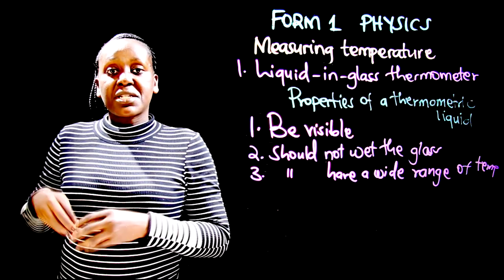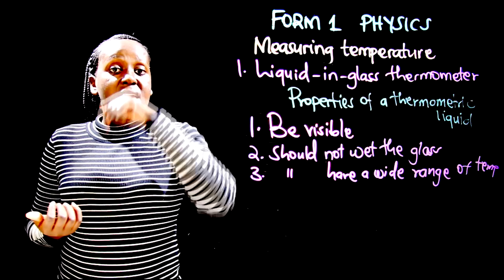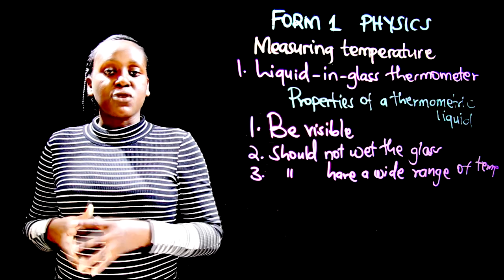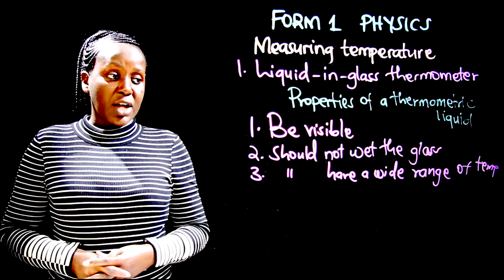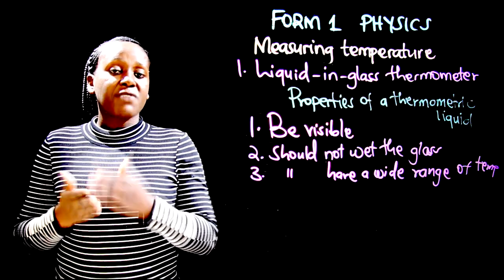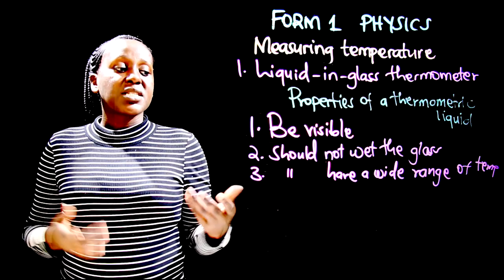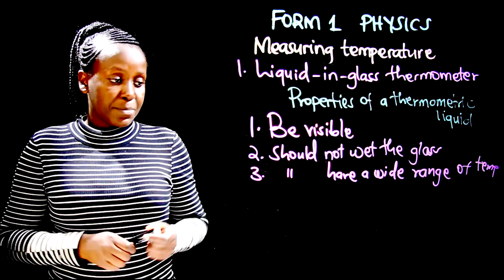And when we put it in a substance that has a temperature lower than its melting point, it is going to freeze into a solid and we will not be able to use it to determine the temperature. So this liquid should have a low freezing point and a high boiling point, which also means that it should have a wide range of temperature.